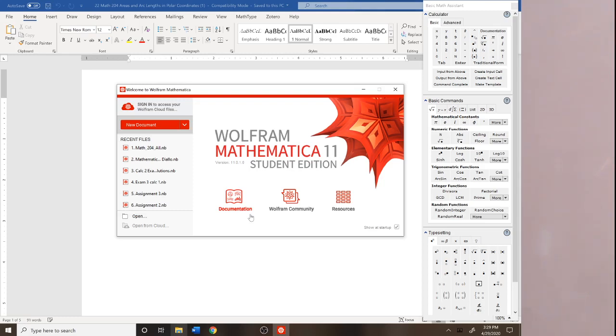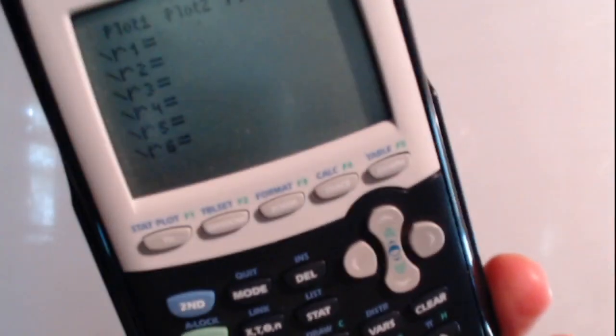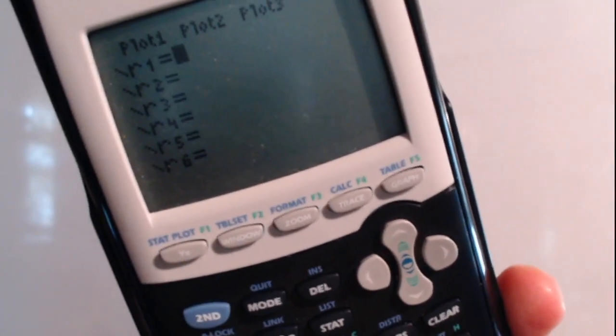So when you go to y equals, you should see R1. I'm going to type in the equation that was given there, which was cosine 3 theta.